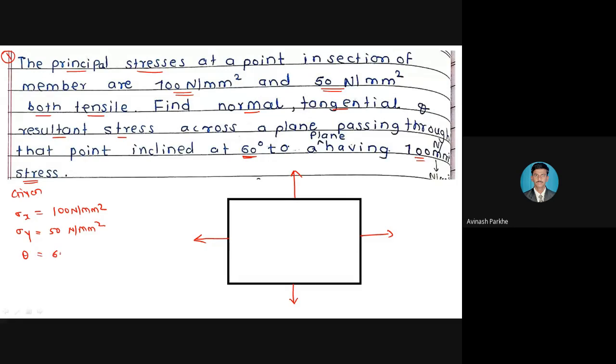Theta is equal to 60 degrees, and we have to calculate sigma n, sigma t, and sigma r.